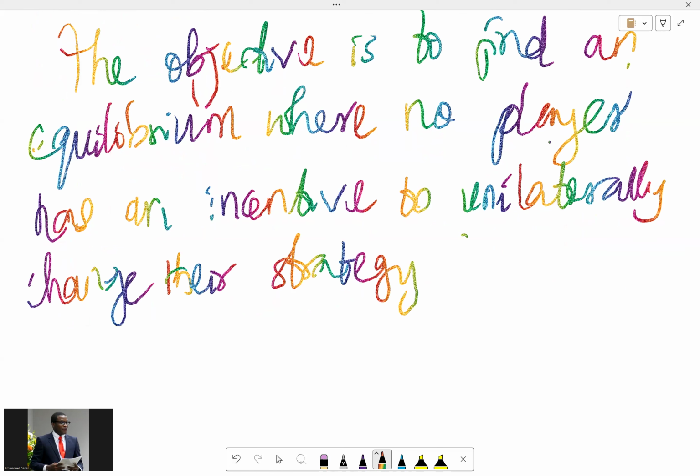And that is the very definition of what we call the Nash equilibrium.